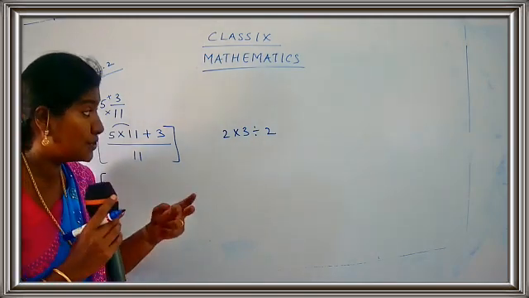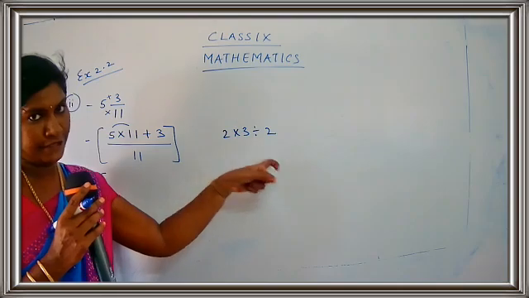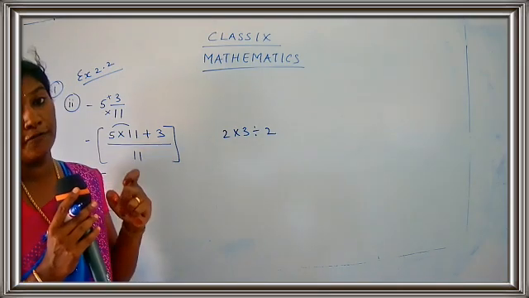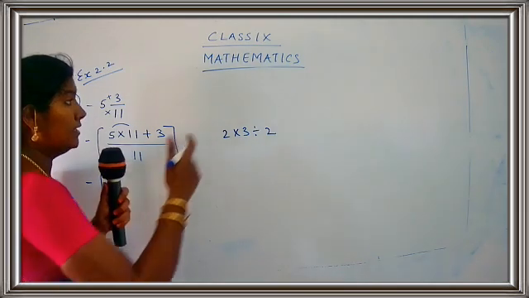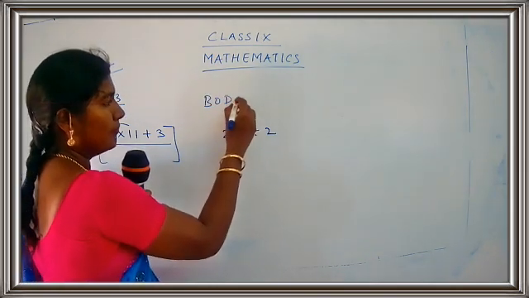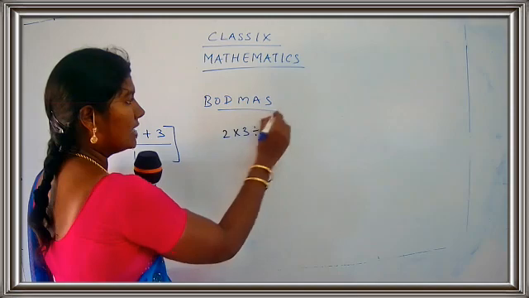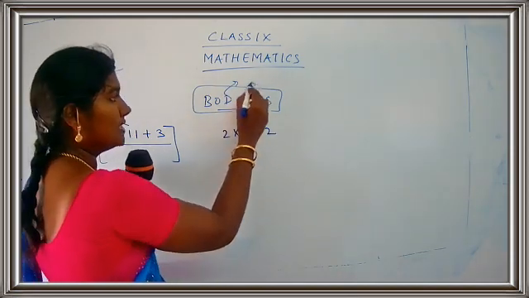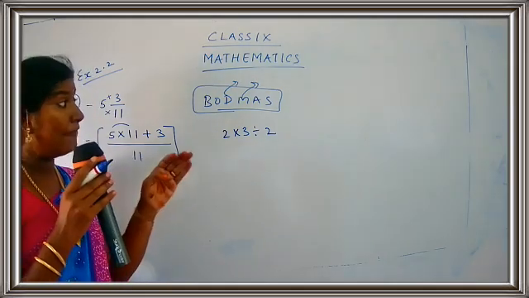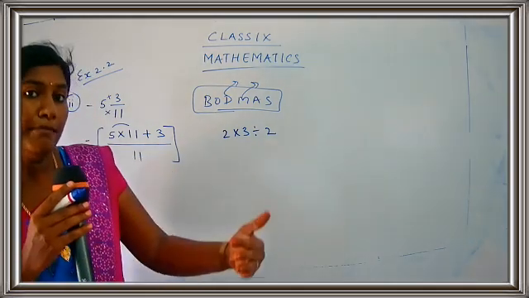What are the two operations used here? Multiplication and division. Okay. So which one is to be followed first? You may think that we have to go for the division first. No. See here, when you have a rule, I just go for the BODMAS rule. If I talk about this rule, the first one is division and the next one is multiplication. Okay, children? You have the order division and then multiplication.